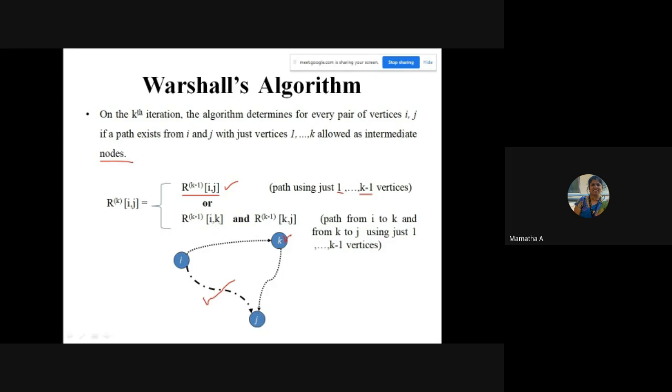That is, there is a path from I to k, k to j. If there is a path from I to k, k to j, it means there is a path from I to j. So remember, you have to use the logical or, the logical and. Are you understanding? Okay. So it's something like this.